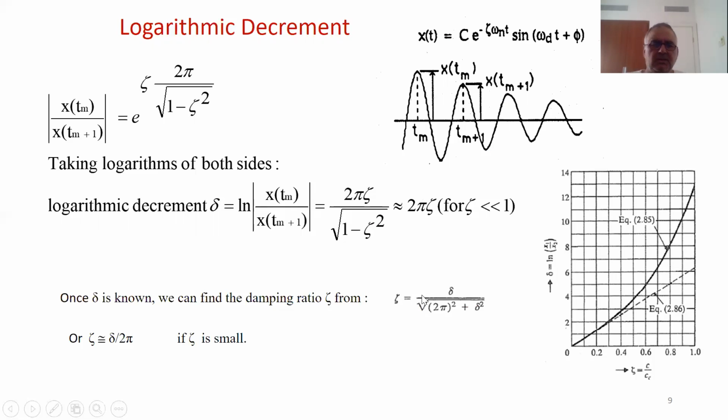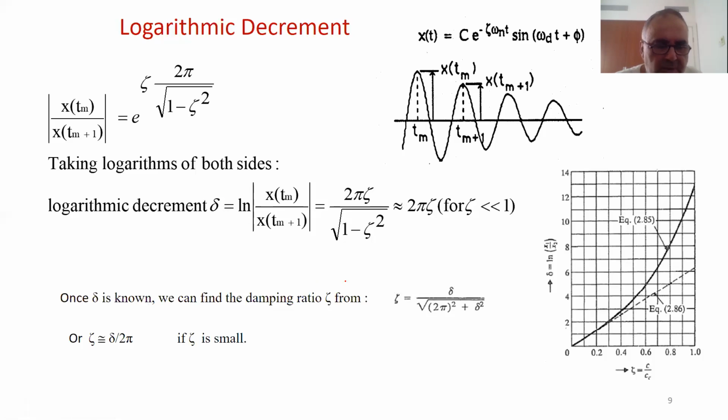And once delta is known, we can find the logarithmic decrement simply by finding two peaks and taking ln. We can solve for zeta from this equation. The exact solution is delta over the square root of 2 pi squared plus delta squared. But if zeta is small, you can use delta equals 2 pi zeta, from which zeta is equal to delta over 2 pi.